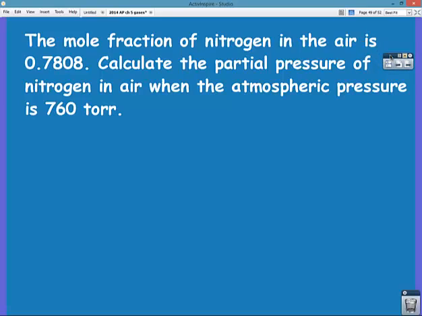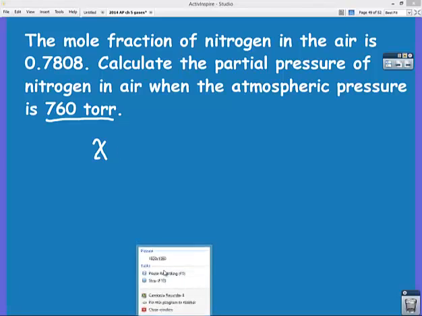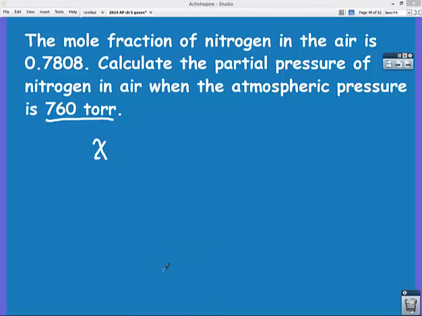So our mole fraction is given as 0.7808. And we're trying to find the partial pressure of nitrogen if we know total pressure. So we need to use the equation: mole fraction is equal to P1 over P total.